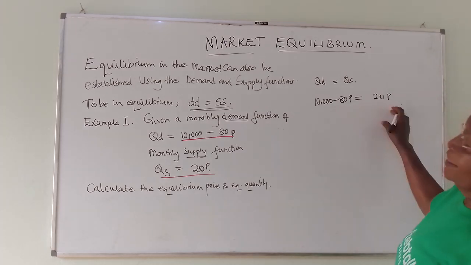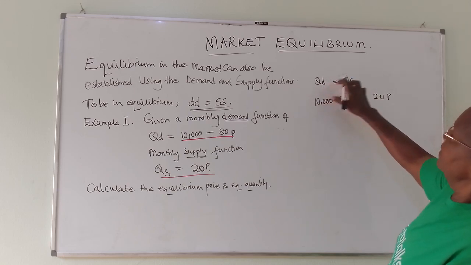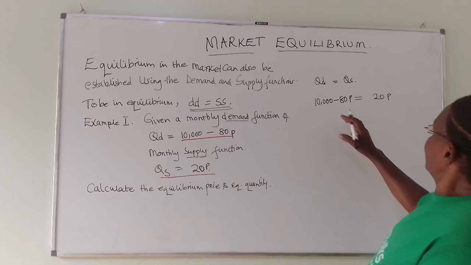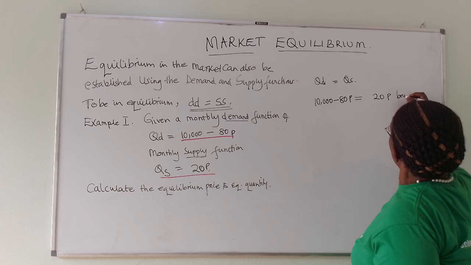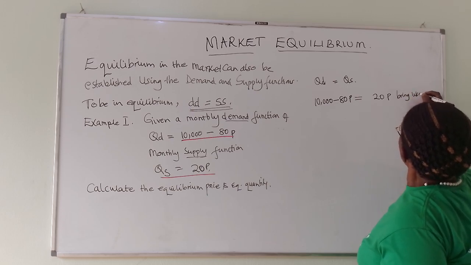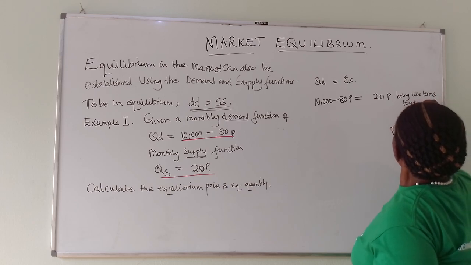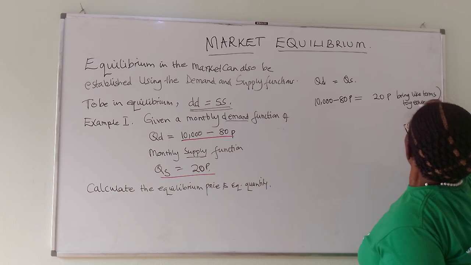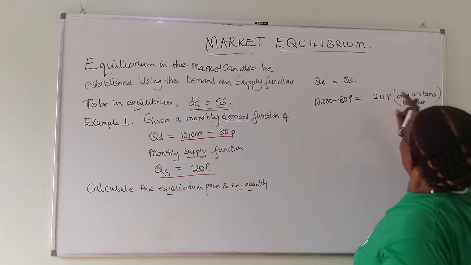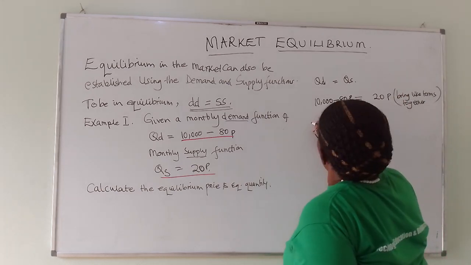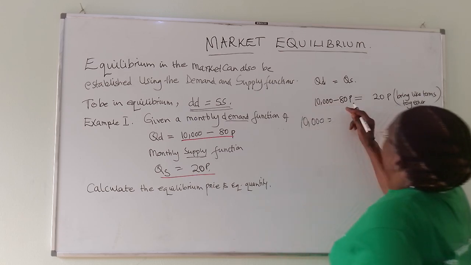So now we have equated them so that we are able to get our market equilibrium where demand and supply are equal. And with simple mathematics, you bring the like terms together. Which are our like terms in this case? We find that in demand we have p, and also in supply we have p. So on this side we can leave only the 10,000 and negative 80p.